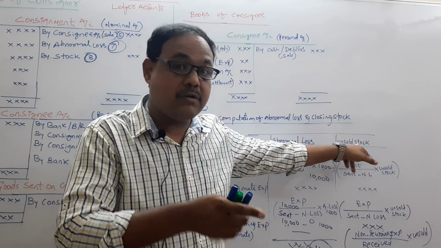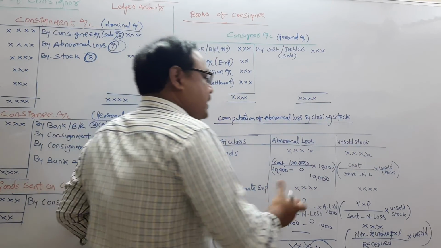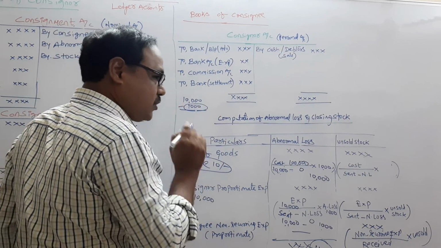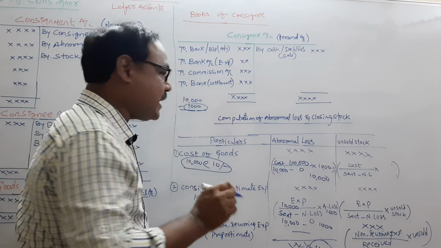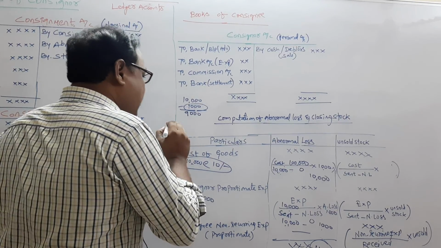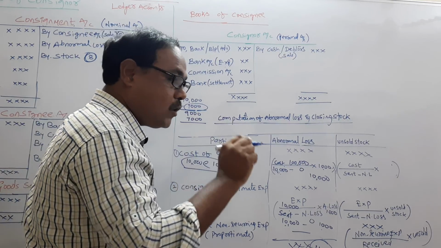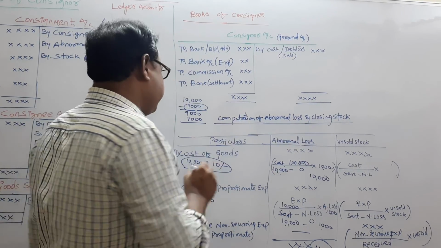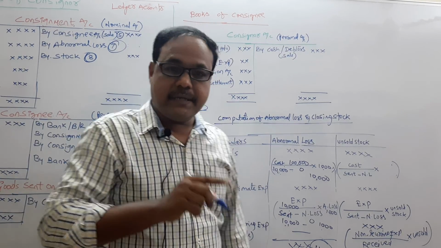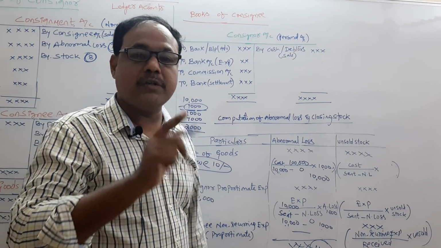While coming to the unsold stock calculation, the difference is that here you have to take unsold stock units. For example, out of 10,000, 1,000 units are lost in transit. How many units are delivered to the consignee? 9,000. Assume 7,000 units are sold by the consignee. So how many goods are still unsold? 2,000 units. This is called closing stock.